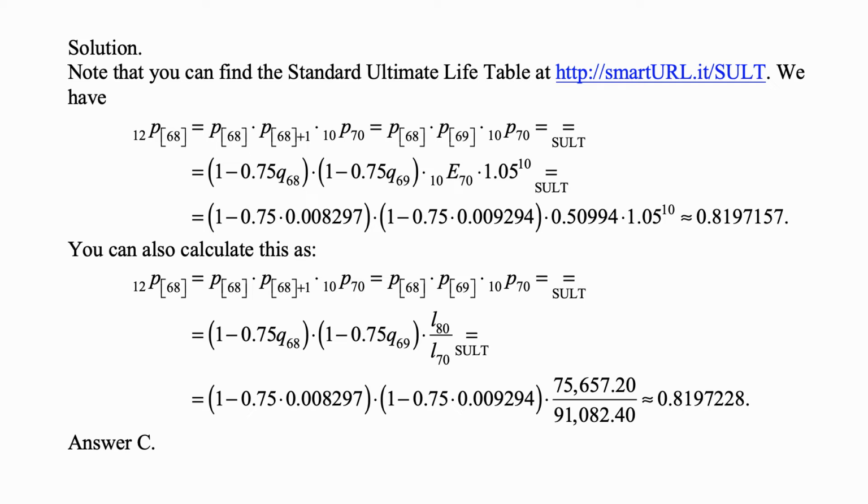So we have this life aged 68, selected at that age. We're looking for probability of survival for 12 years. That's a probability of survival for 1 year for that life selected at age 68. Then another year as a life selected at age 68 that survived 1 year.